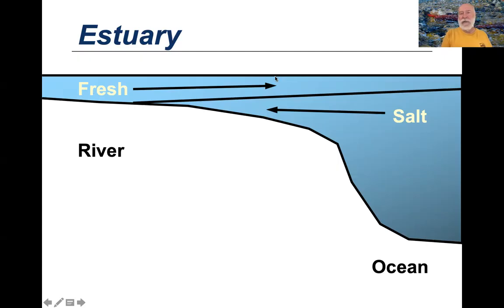Oceanographers speak of a freshwater wedge that penetrates into the ocean and a saltwater wedge that penetrates upstream. Okay, so there's an example of how salinity influences stratification.